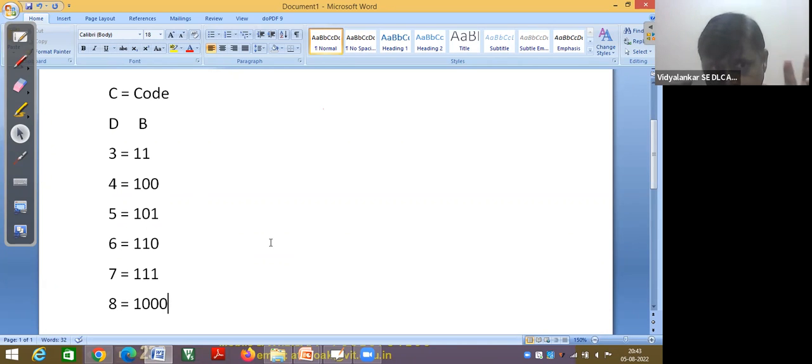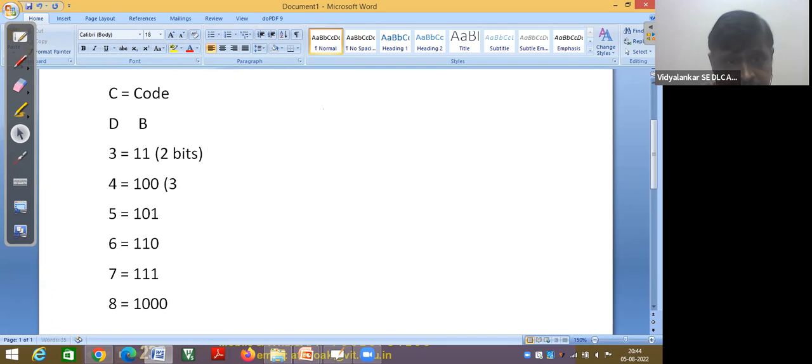Now if you observe very carefully, you will find that definitely these conversions are correct. 3 decimal is 11 in binary, 4 decimal is 100 in binary. But the problem is that if you see carefully, there are only 2 bits used to represent this digit.